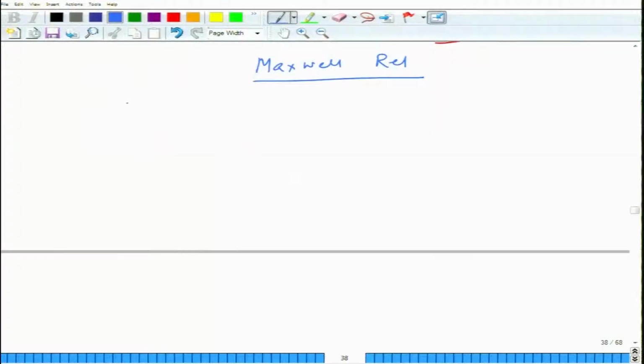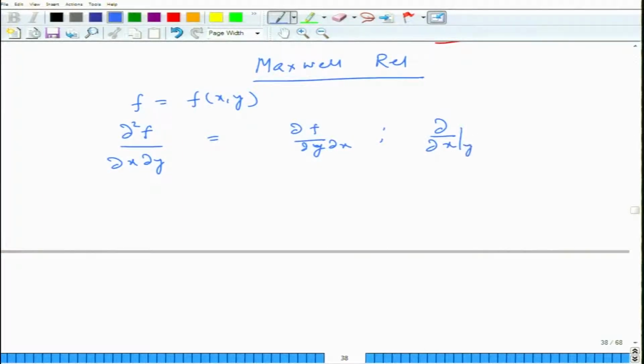So, I will just quickly describe this and then we will get back to this particular expression. Let me just take a function f, and what we are interested in, we can write as del f del y del x, or you can also write it the other way.